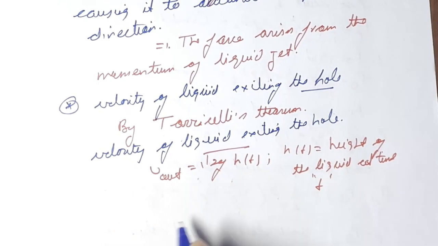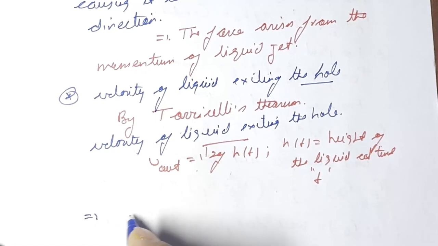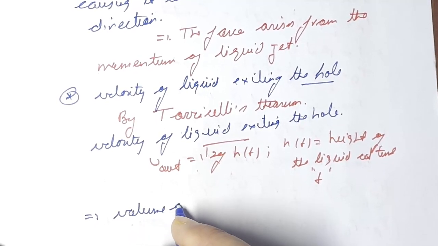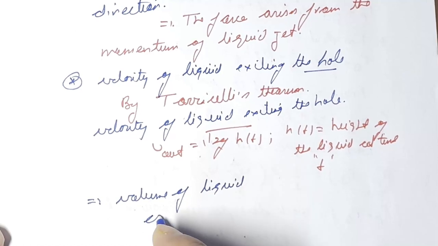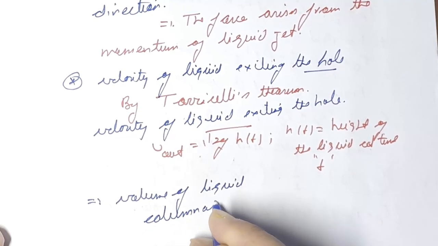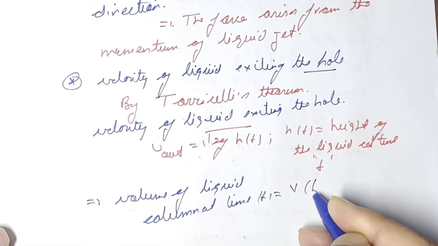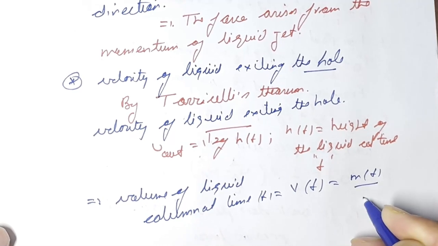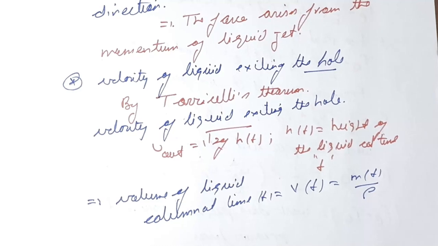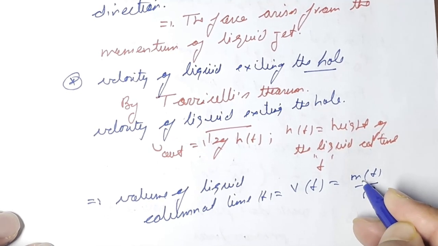Therefore we can also find that the volume of the liquid column at time t, let us call that V of t, will be equal to the mass at time t divided by the density of the liquid, and the mass is given as m naught.